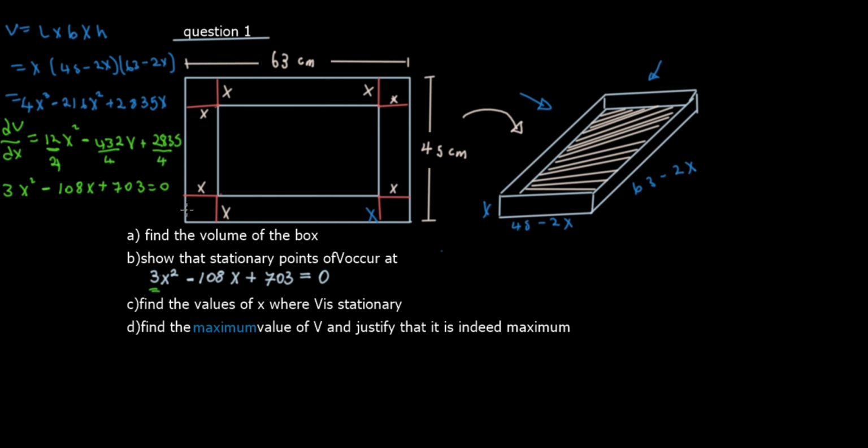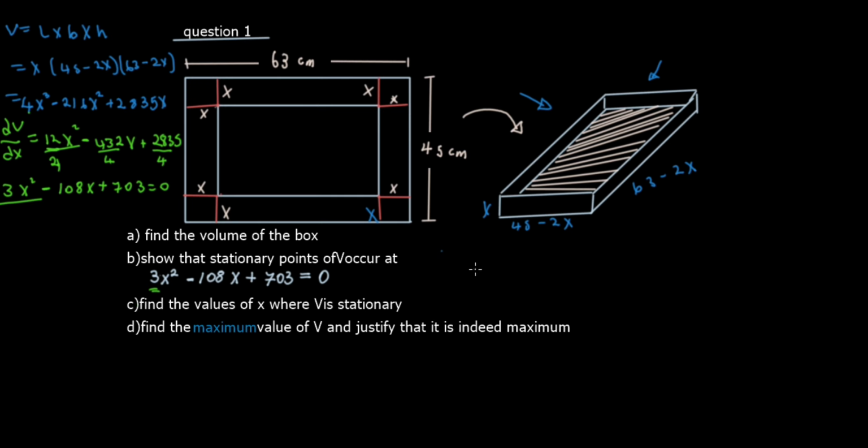So we know that the stationary points of this volume are the turning points of our function, where the slope equals 0. So without wasting time, let's look at part B. Part B says find the value of x where the volume is stationary. We can use this equation or this equation, doesn't matter. And then we can solve for x.